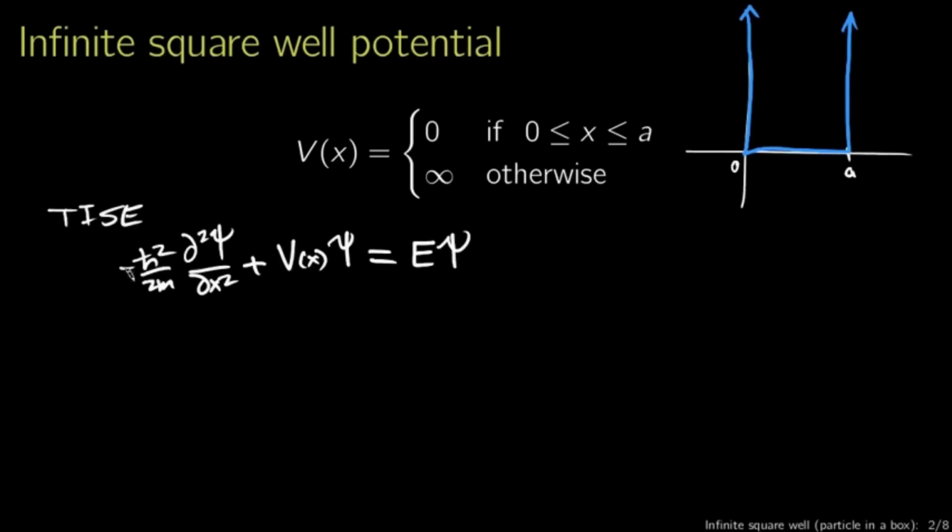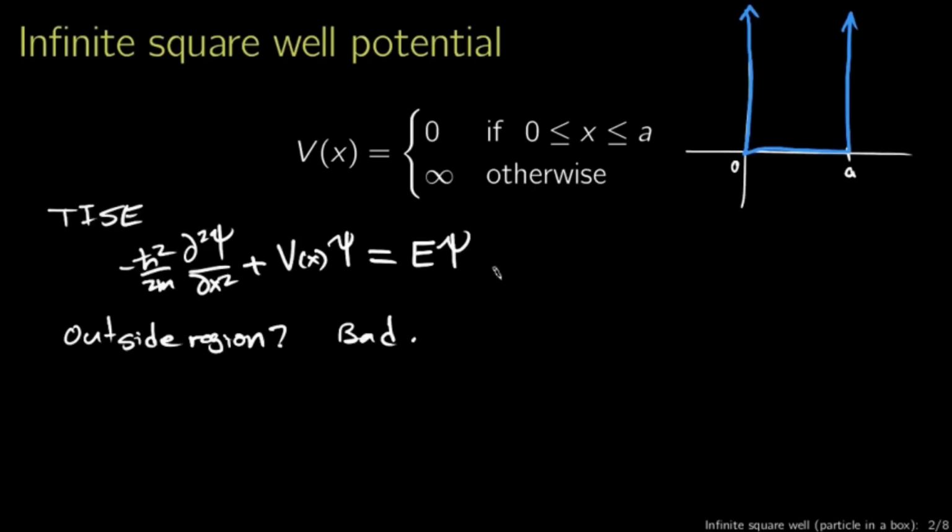Now, this equation doesn't quite look right if we're outside the region. Bad things happen. You end up with an infinity here for V of x if x is not between 0 and a.